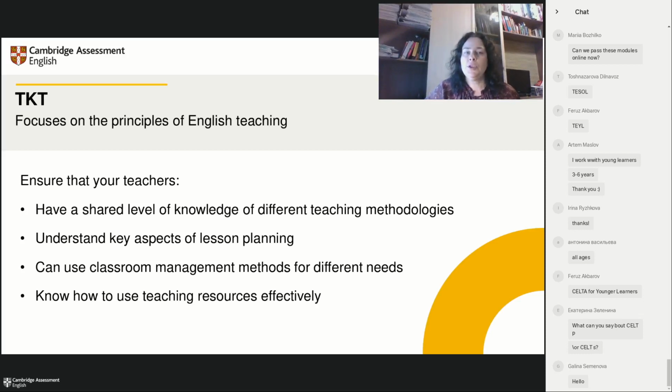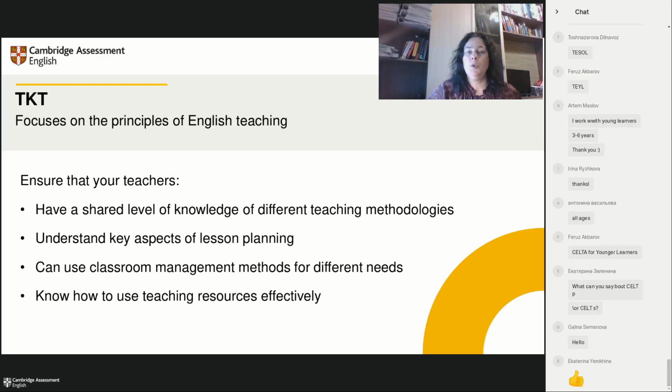And you can choose classroom management activities, techniques, tools, again, appropriate for different stages of the lesson, different lesson frameworks, and of course, different age groups. You will also demonstrate that you are aware of different resources and teaching materials, and you can use them effectively. So those are perhaps the most important components that TKT will help you demonstrate.